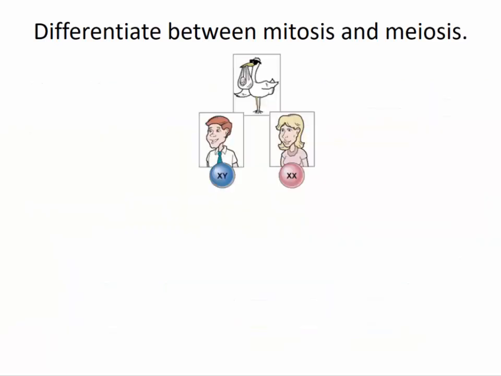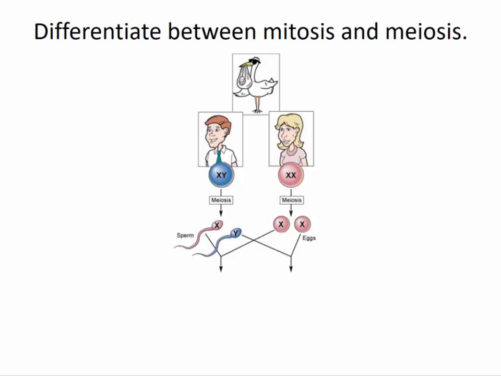Looking at another visual for meiosis and how it leads to offspring biological sex: if we have a male, the male has a 23rd pair of chromosomes of X and Y. The female has a 23rd pair of chromosomes that are 2 X's. When the male produces sperm, he would have 50% of his sperm having an X chromosome in it, 50% of his sperm having a Y chromosome in it.